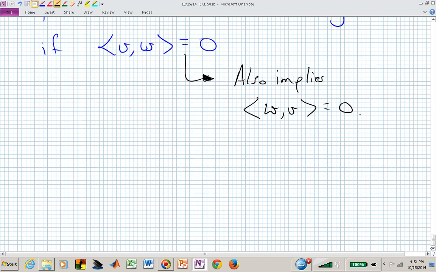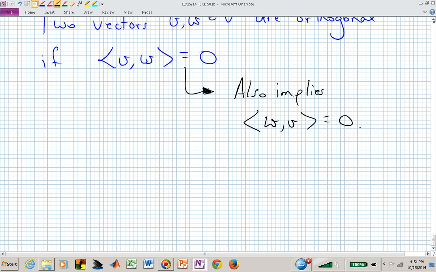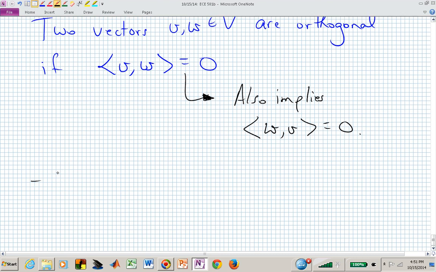What can we say about the 0 vector and orthogonality? Which vectors are orthogonal to the 0 vector? All of them.